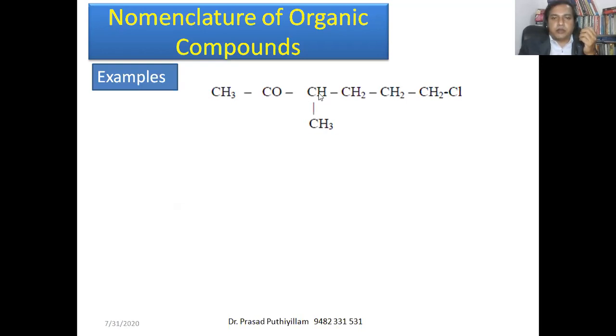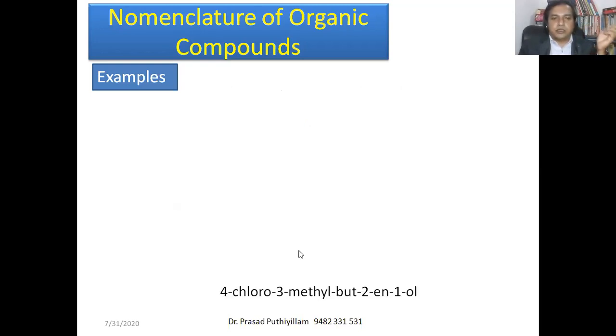The 3rd carbon atom has a methyl, and this is the ONE. The suffix should be ONE. Therefore the name is 6-chloro 3-methyl hex-2-ONE. Now another example given, 4-chloro 3-methyl but-2-en-1-ol.